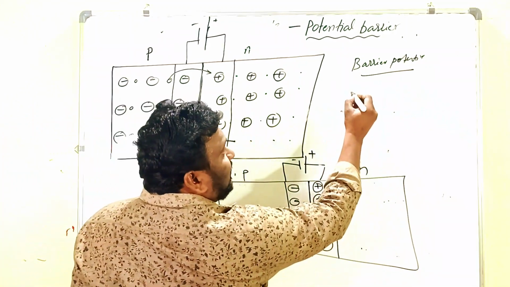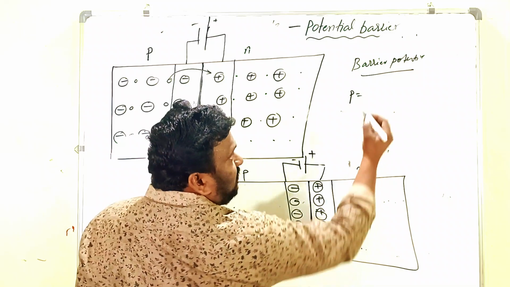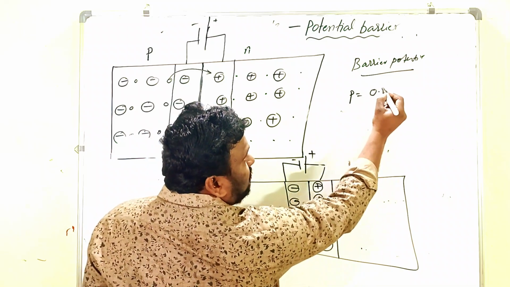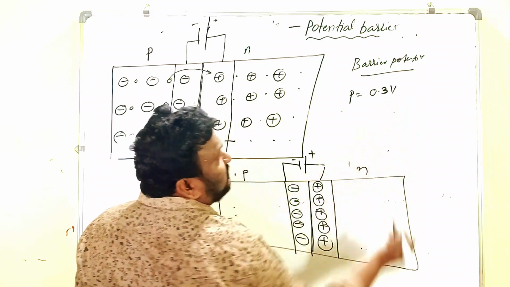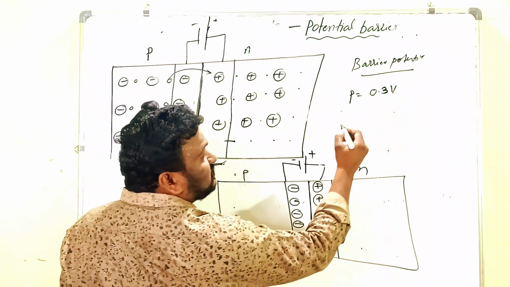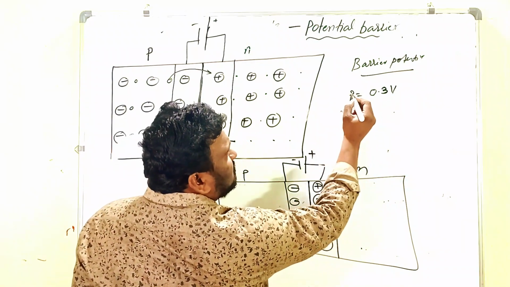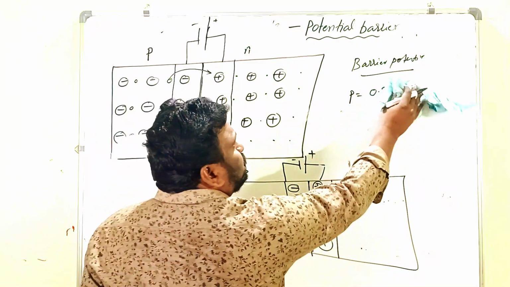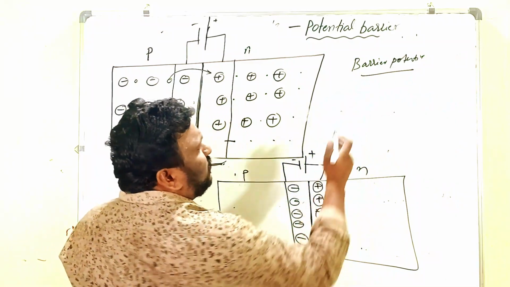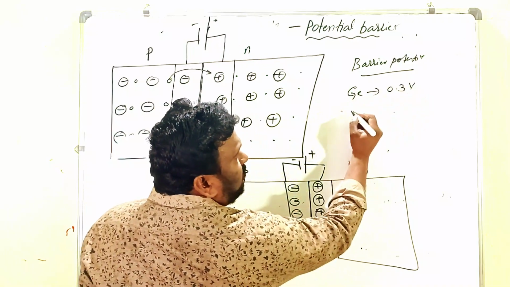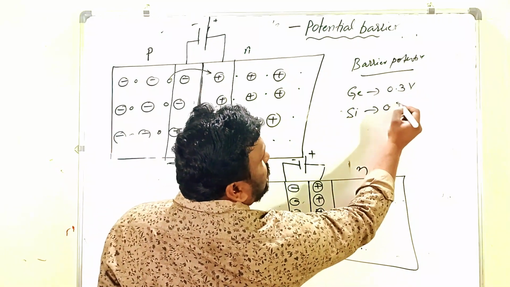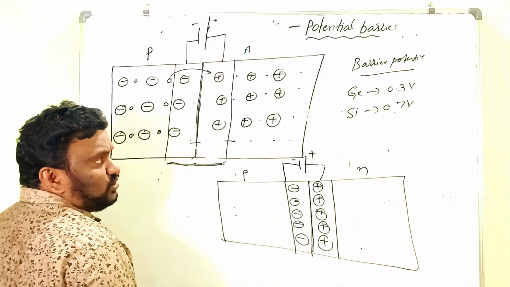here for p-type material, the barrier potential is 0.3 electron volts or 0.3 volts. You can take germanium, that should be 0.3 volts. For silicon, you will take 0.7 volts.